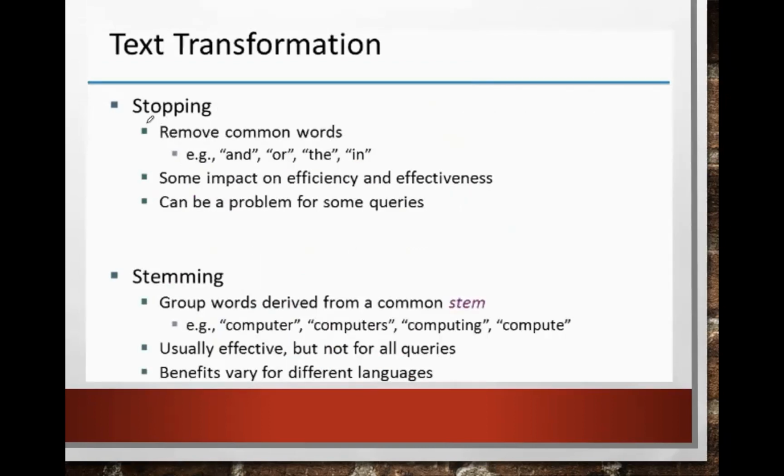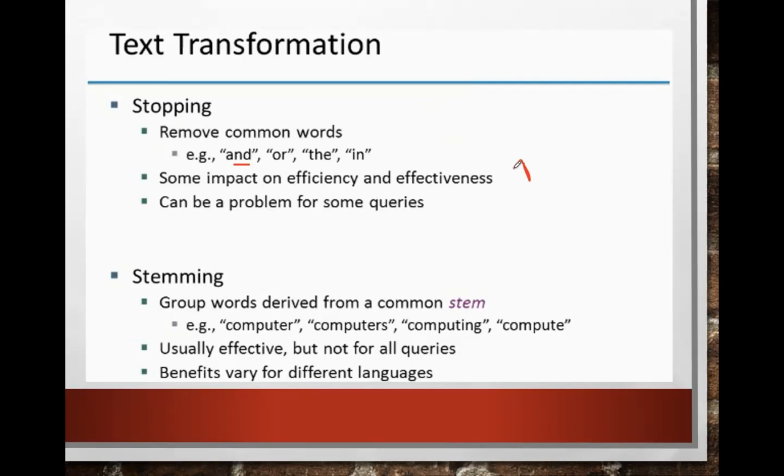The next step in this case is stopping. That means we remove very common words and words that serve a syntactic rather than semantic purpose. Examples: a, and, the, etc. All stop words should be removed. This helps with efficiency as well as effectiveness. It even hurts some queries, like how can a user find information about the UK brand?